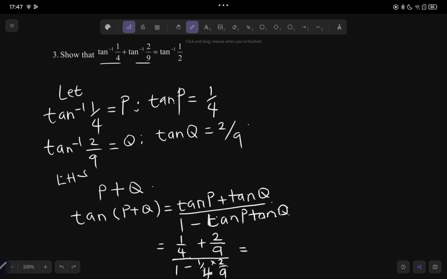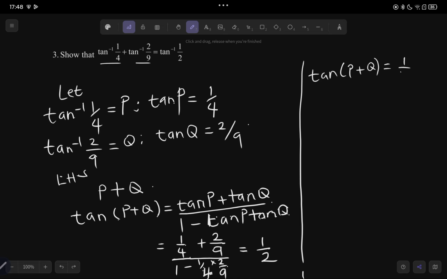Now, this whole thing will reduce to a half when you simplify it. That being a half, we can therefore say tan of P plus Q is equal to a half, which means P plus Q is tan inverse of a half.